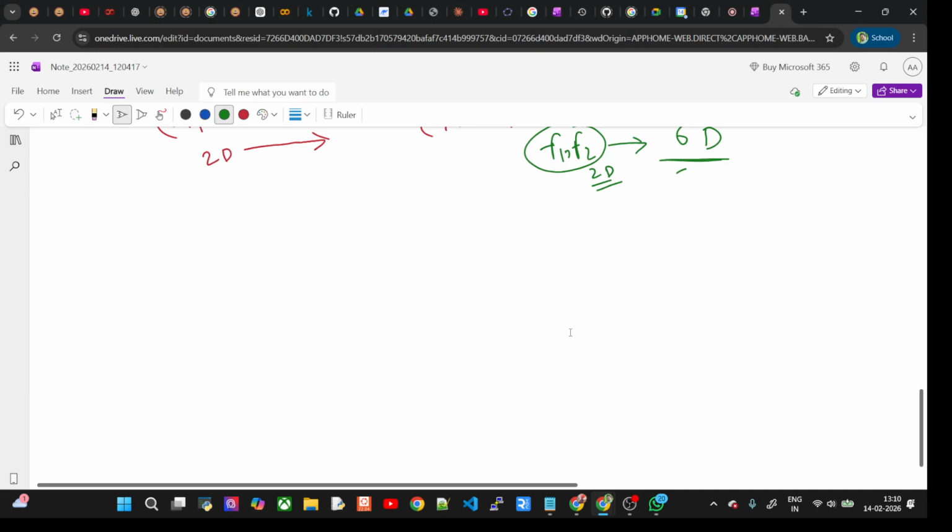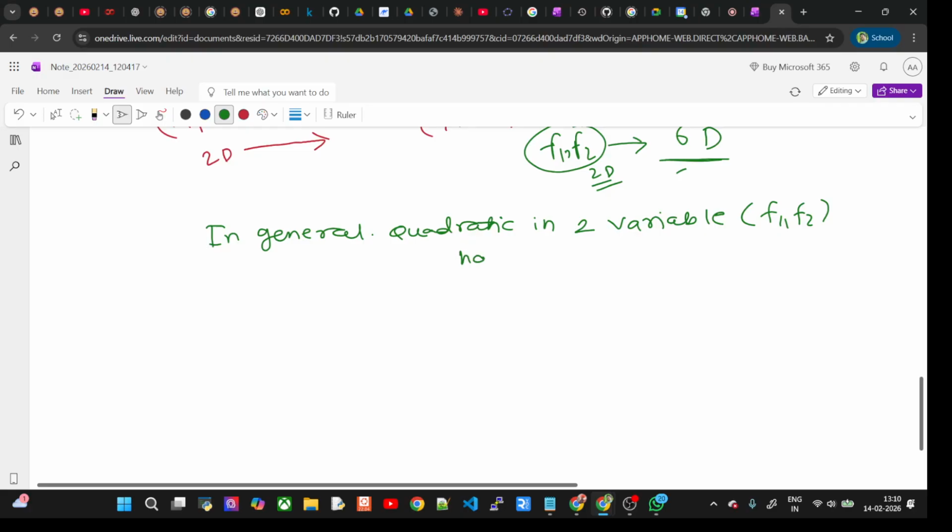Maybe it's difficult to visualize, but mathematically I can say in general, a quadratic in two variables, f1 and f2, in our case, has 6 terms.